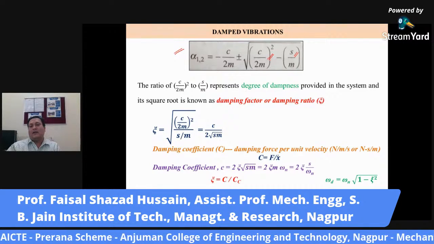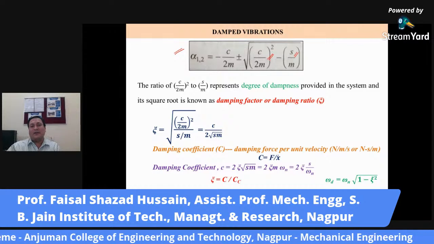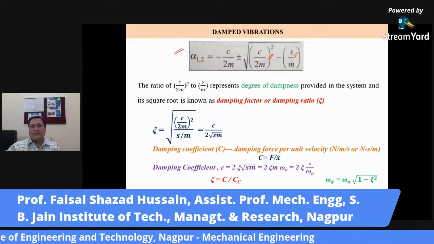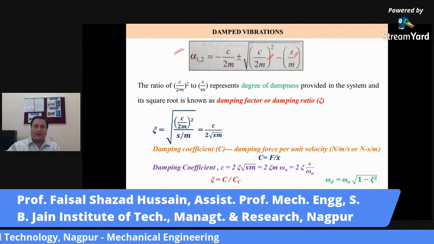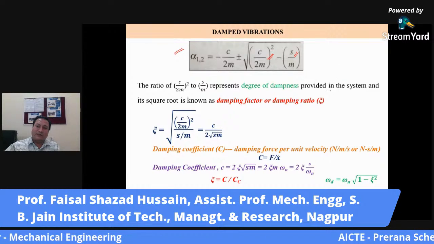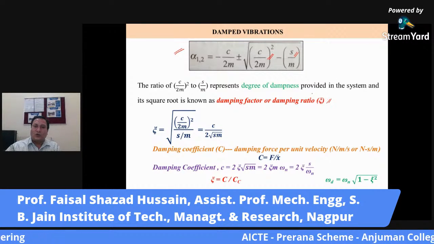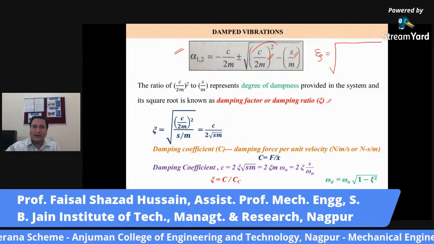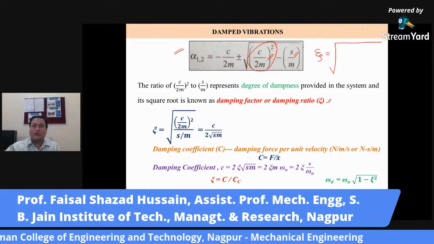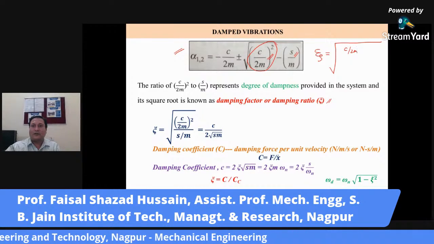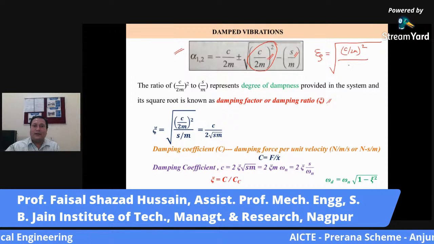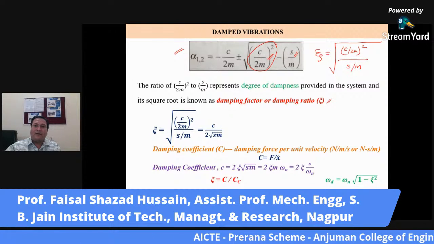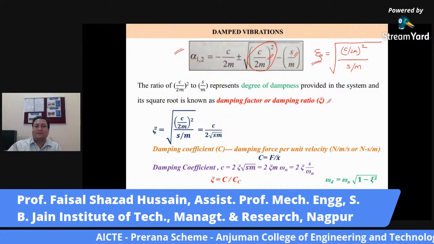Now what is degree of damping? Actually, the degree of damping is a damping factor or a damping ratio, which is denoted by zeta. So if I take the square root of this factor, c by 2m the whole square with s by m, I will get the damping factor or zeta.